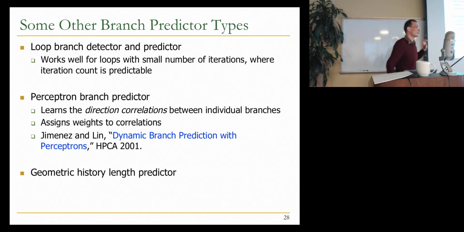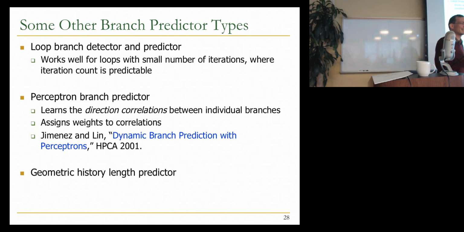Other ideas, I'll just throw you some ideas. I'm not going to test you on some of these, although you may want to think about this just to exercise your creative juices. Geometric history length. People have found out again that one history length may not be good. For some branches, you want to look back 1,000 branches because there's some branch that tests the same condition 1,000 branches ago.